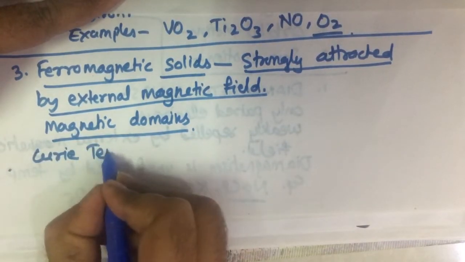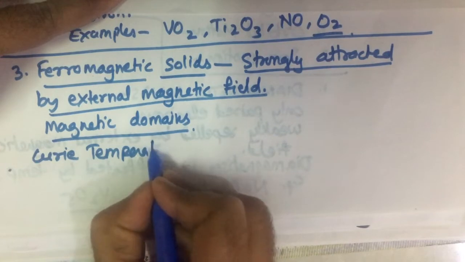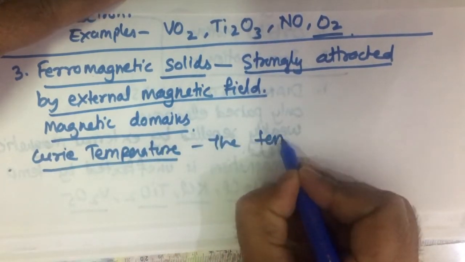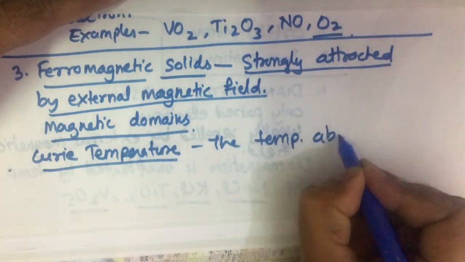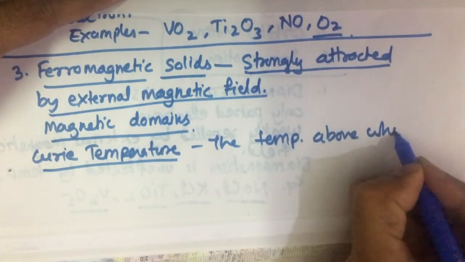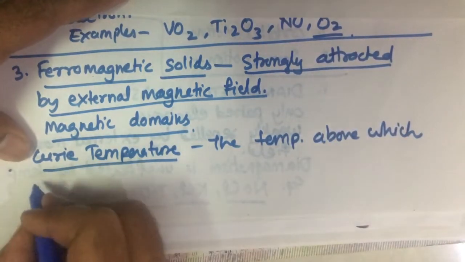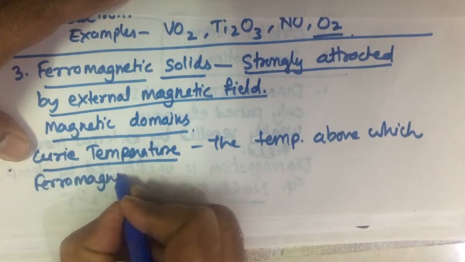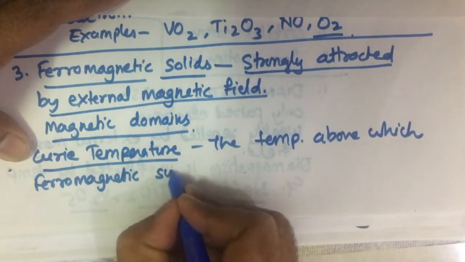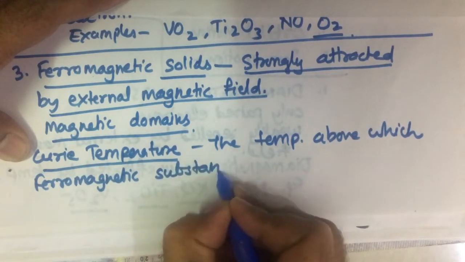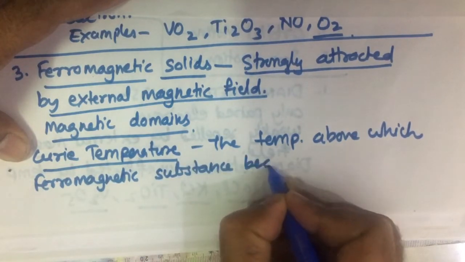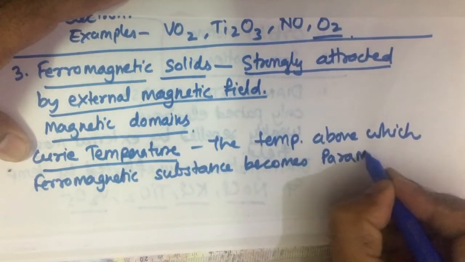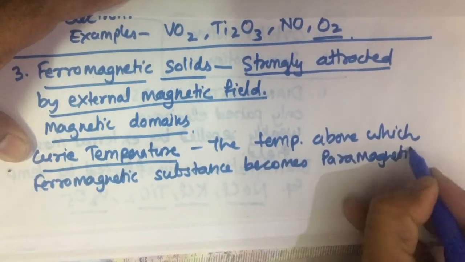Curie temperature: the temperature above which a ferromagnetic substance becomes paramagnetic.